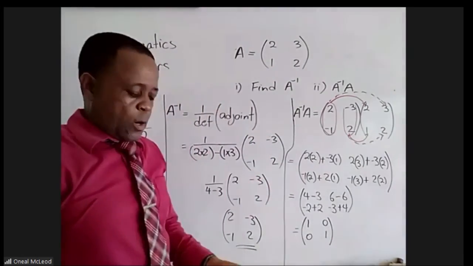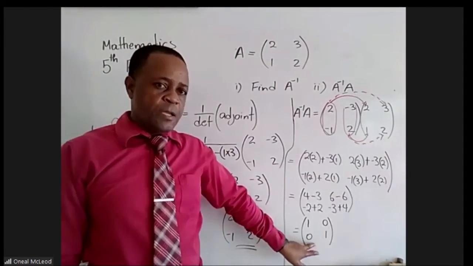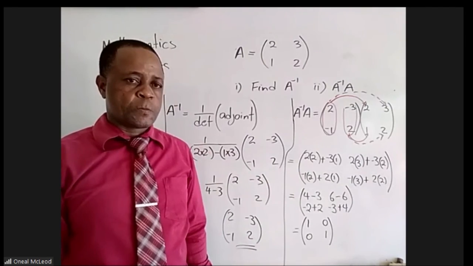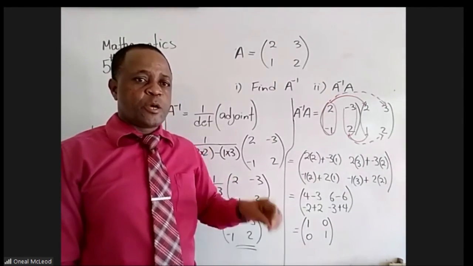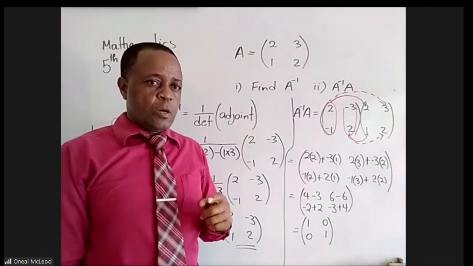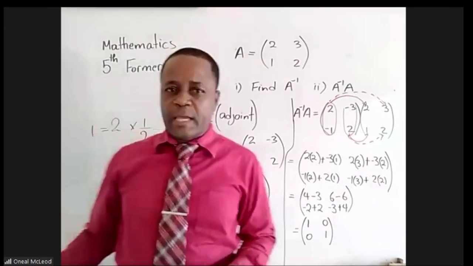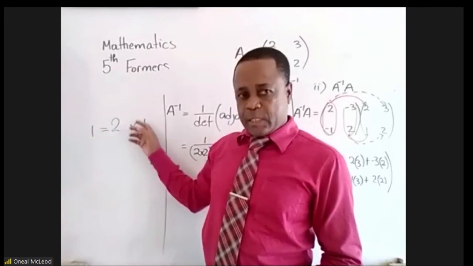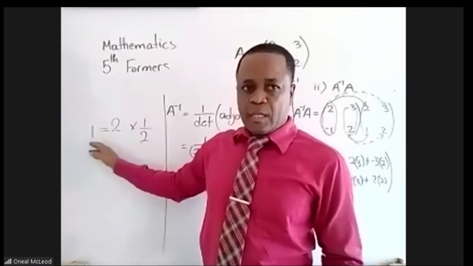Now, I would love for any of you to tell me the name of this matrix here. Very good. This matrix, we refer to it as your identity matrix or the unit matrix. Now, what's the connection with what I did here? Notice when I multiply 2 by a half, which is the multiplicative inverse, we end up getting 1.